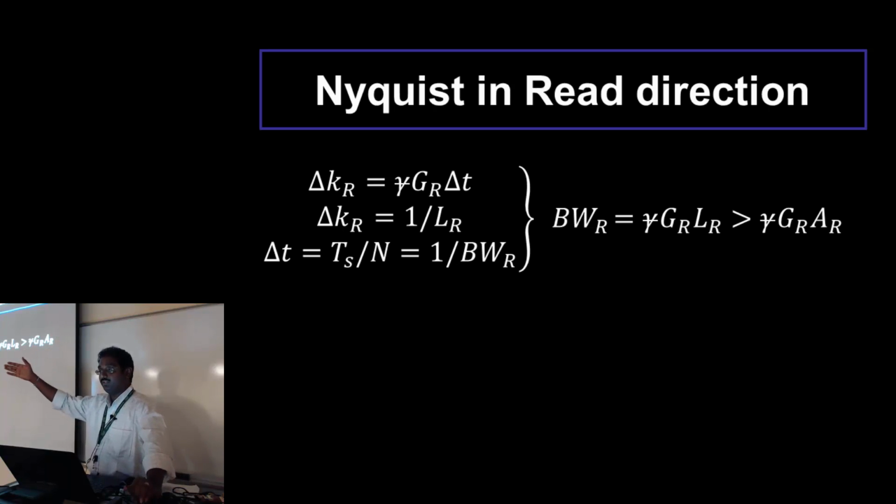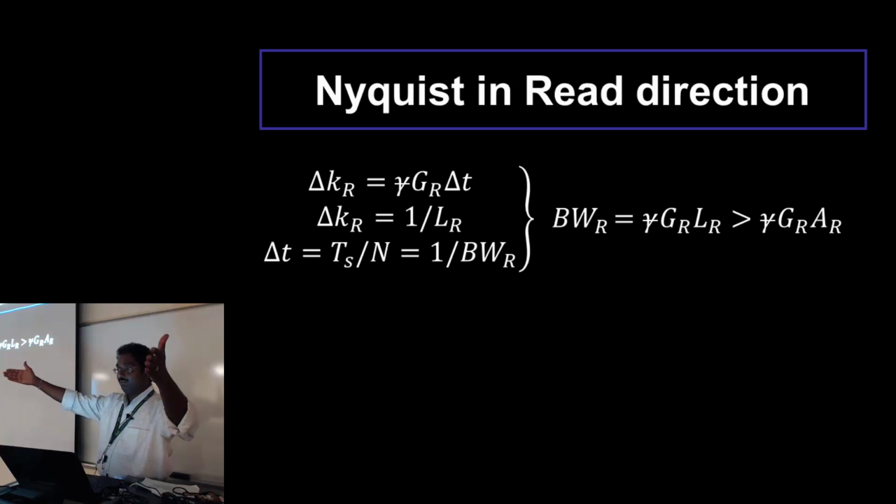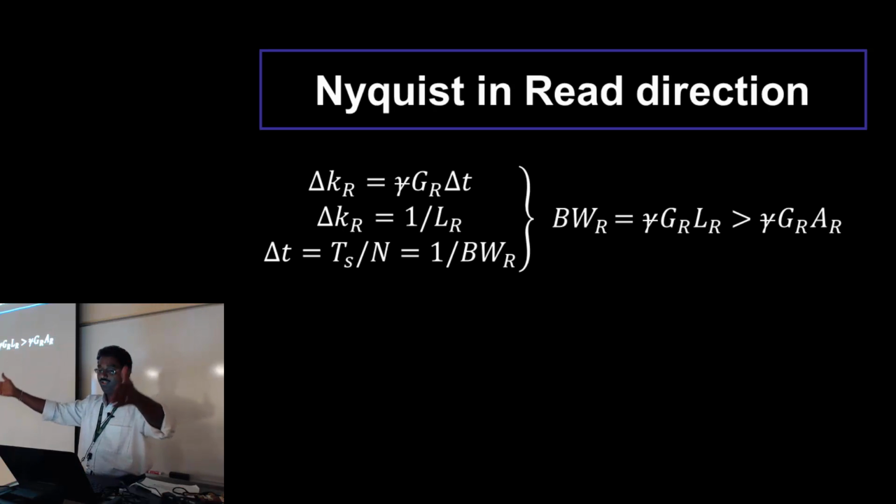If you have a bandwidth of B, the frequency spectrum axis goes from minus B by 2 to plus B by 2, so the largest frequency in that signal is B by 2. In this case, that is gamma bar times GR times LR divided by 2.